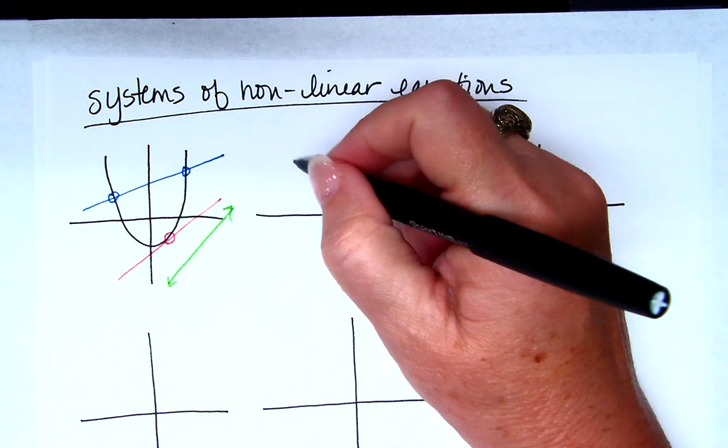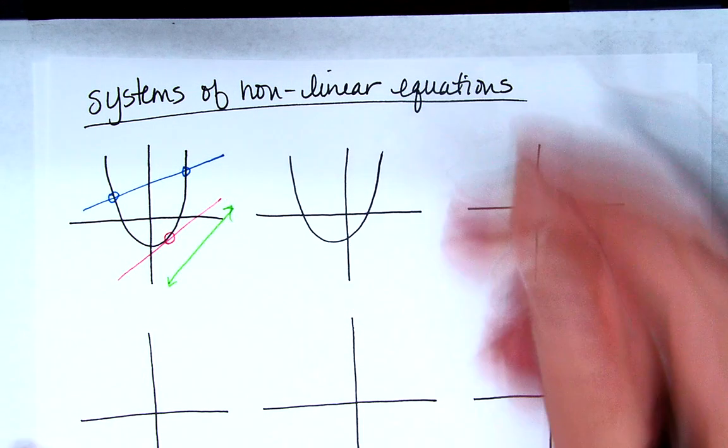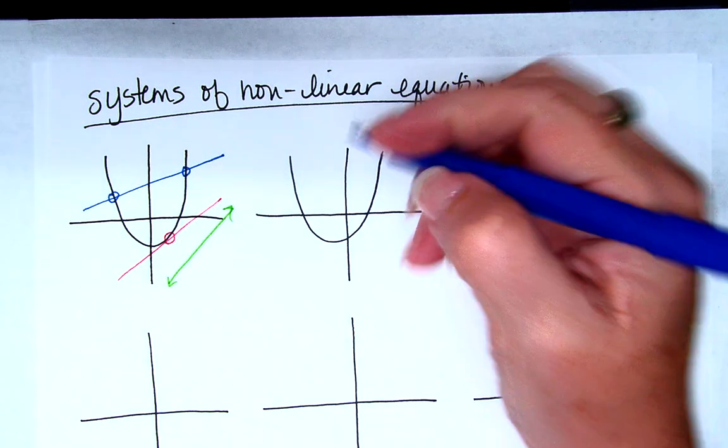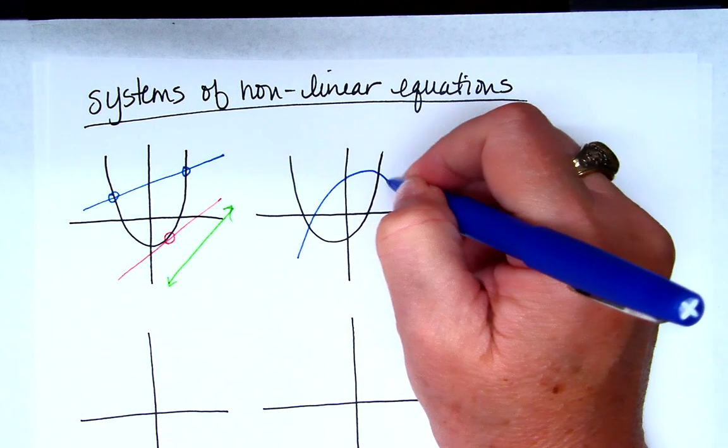Okay, here's one parabola. How many solutions could I get for this? 2, 3. So how could I get two solutions? What if the parabola was like this?